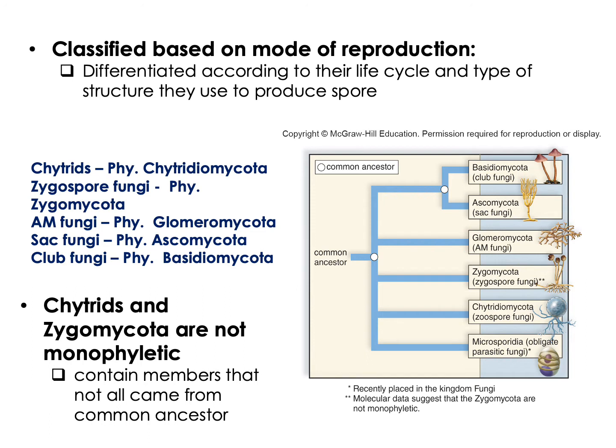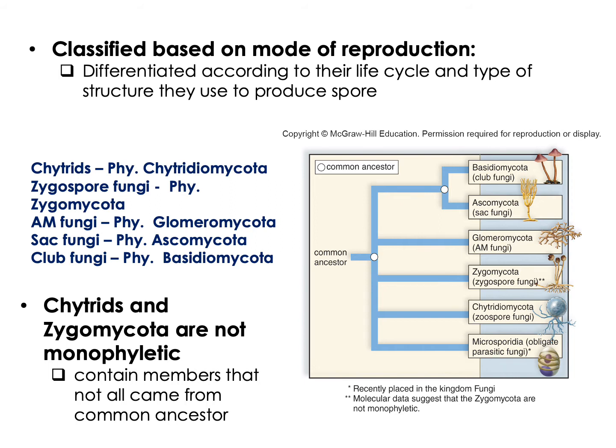They are classified based on mode of reproduction. They are differentiated according to their life cycle and the type of structure they use to produce the spores. So chytrids are in the phylum Chytridiomycota, and zygospore fungi are from the phylum Zygomycota.